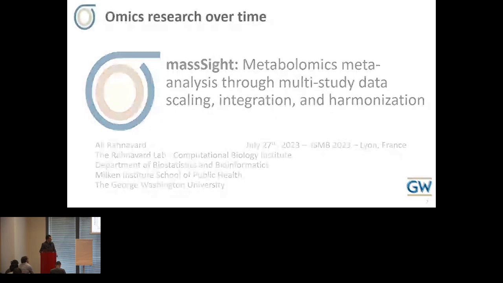What you are seeing here, the x-axis is the years, and the y-axis is the number of publications, and the color reflects the different technology used in metabolomics, with different health conditions or diseases at the bottom. For example, for COVID-19, we see metabolomics profiling started in 2020, and you see LCMS has been used.